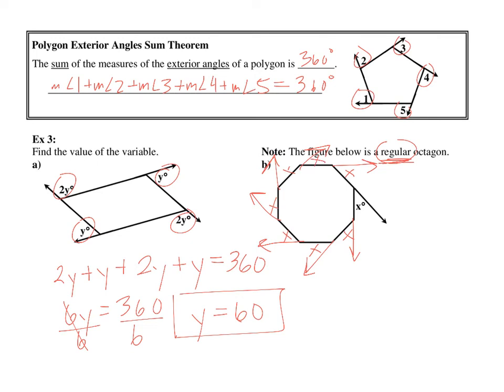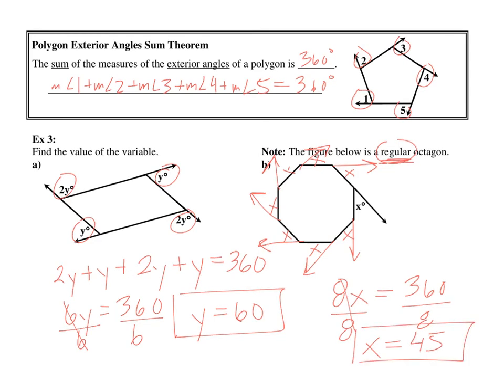I have 8. So x plus x plus x plus x, 8 times. So it's going to be 8x is equal to what? What do all of the angles always add up to? When you're talking about exterior angles, they always add up to 360. So I take 360, I divide by 8, and I get 45. Done.